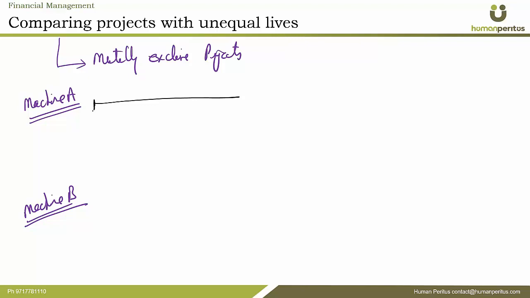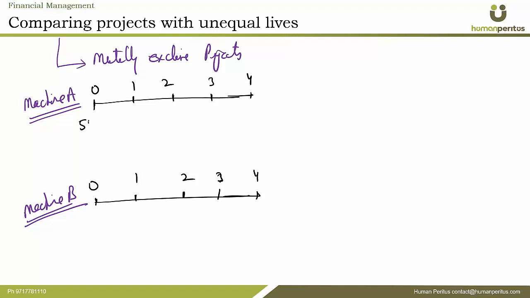How much will you pay for this machine? The cost of machine A, with years 0, 1, 2, 3, and 4. This machine A will cost you 500 rupees.